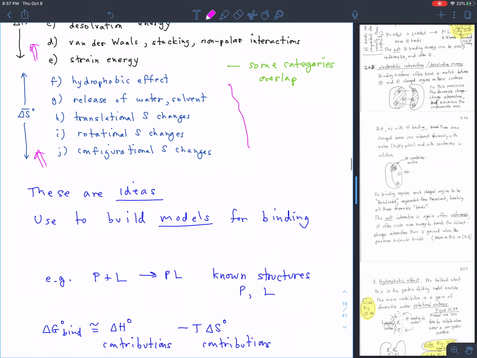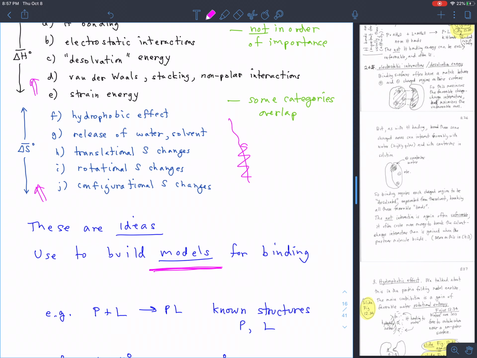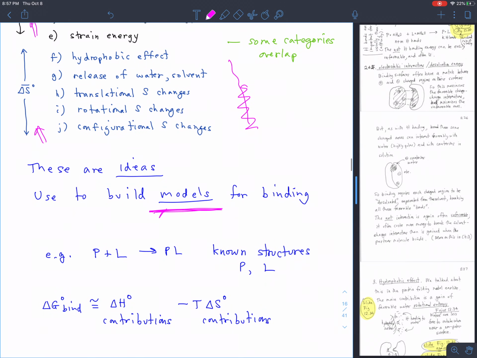All right. So you can build a model, either a very rough one, just some ideas, or something actually quantitative that makes actual calculable predictions based on these ideas. These are just rough ideas, but that's what models all are to start with.